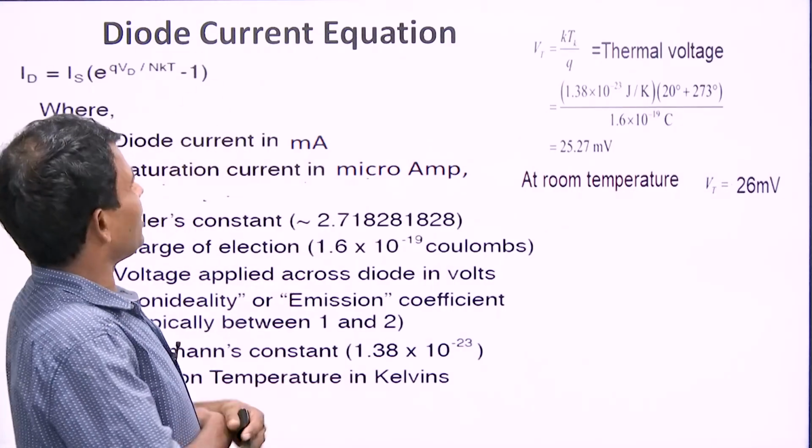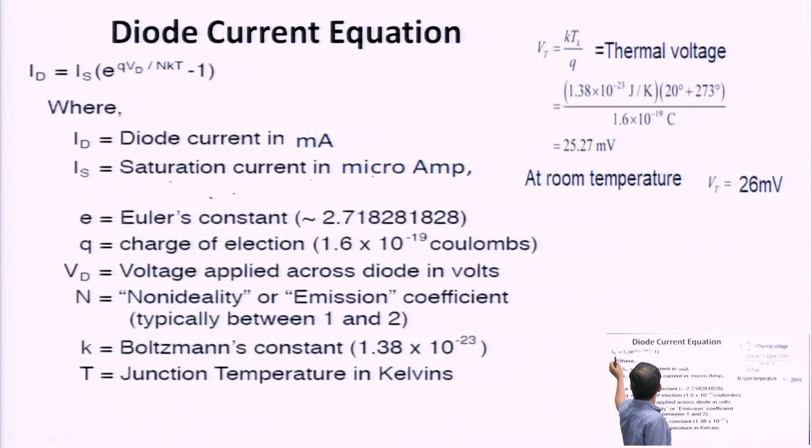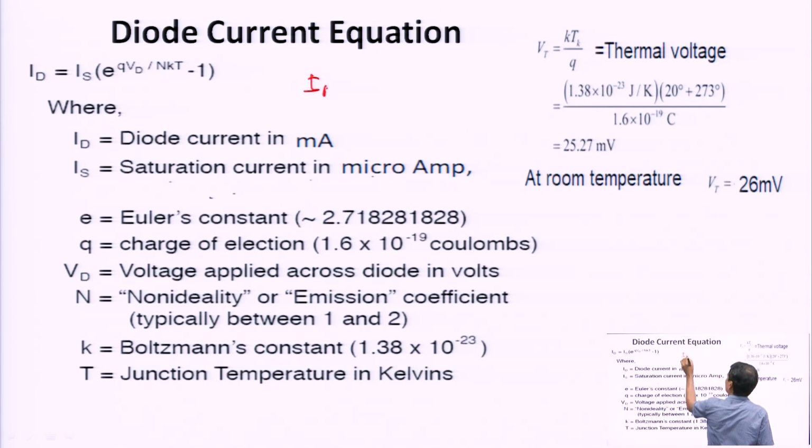Now, this is the diode current equation. The diode current equation is ID = Is (e^(qVd/nKT) − 1), where Vt = KT/q. We can write ID = I0 or Is (e^(Vd/(ηVt)) − 1). Is, or I0, is the reverse saturation current.